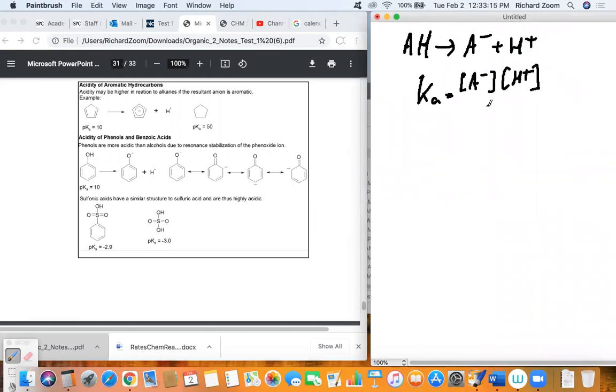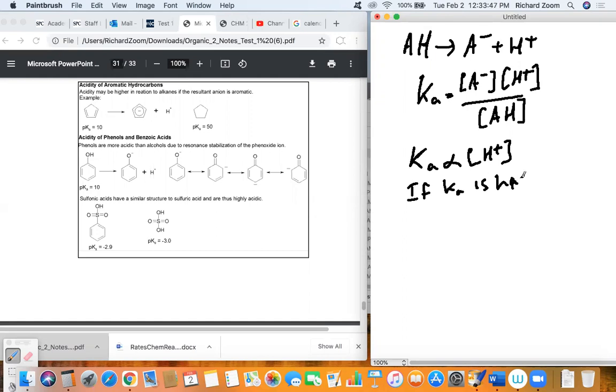So taking you back, way back into Chem 2, I'm sure that you would have covered this kind of stuff. And what you can see here is that Ka is essentially proportionate to the concentration of H+, which means that as Ka is high, then H+ is high.